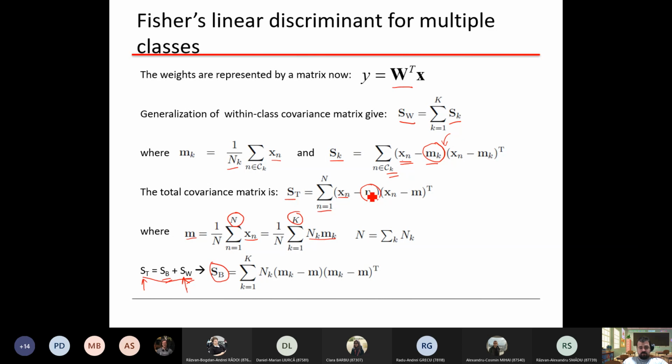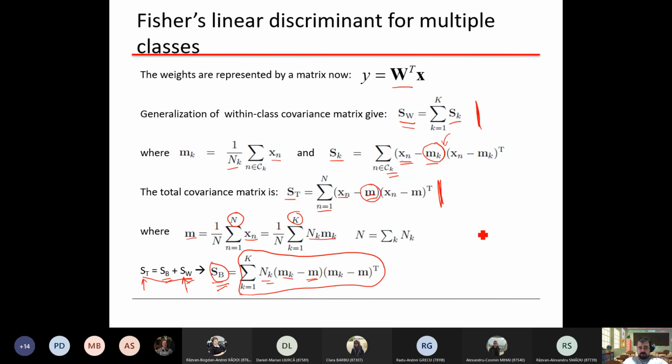Given the formula for total variance here and within class variance here, it means that the between class variance will have this formula: summation over all classes, the number of points from each class times the mean of each class minus the mean of the whole data set.